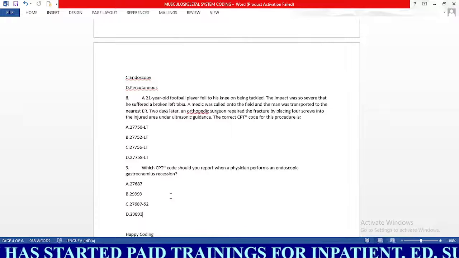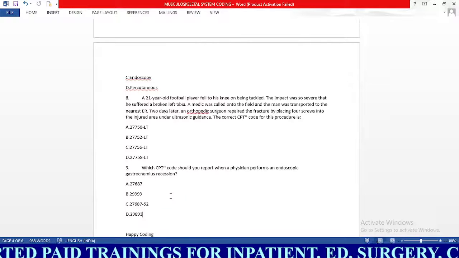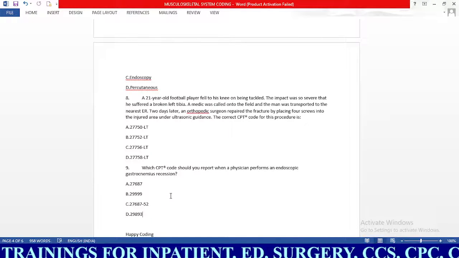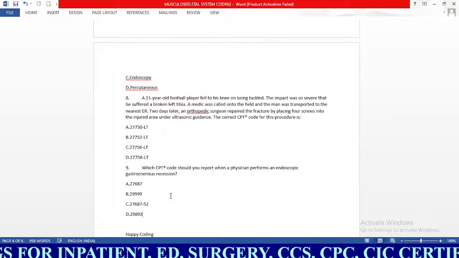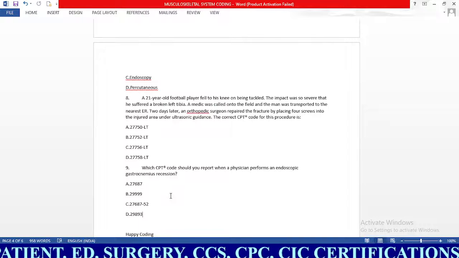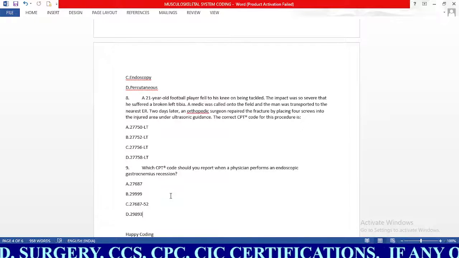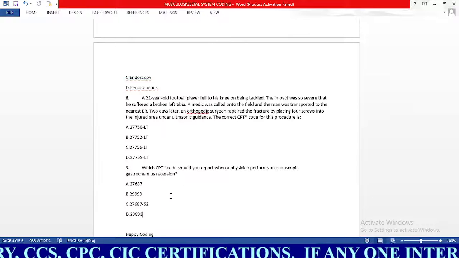So if the code description does not have open or endoscopic, we need to consider it as an open procedure, not endoscopic. Here they did not mention that it is an endoscopic procedure. If you check the description, 27687 gastrocnemius recession, Strayer procedure. They did not mention anything here, which means it is an open procedure, not endoscopic. If it is endoscopy, they will mention it is an endoscopic procedure.